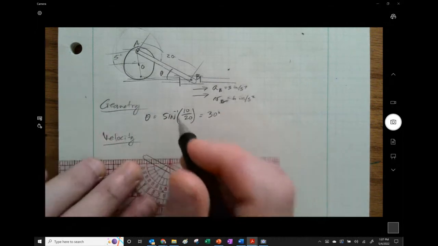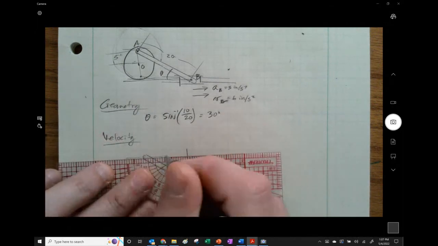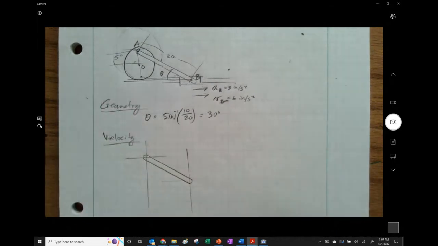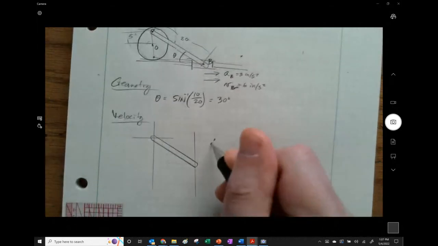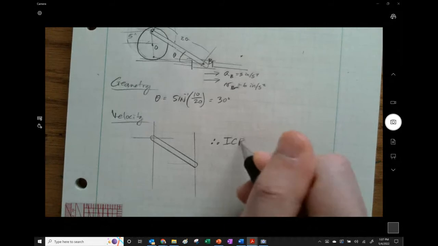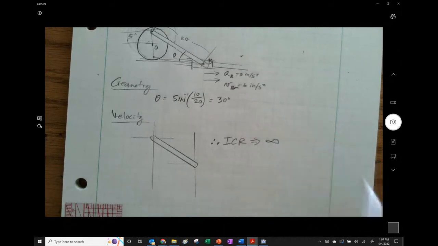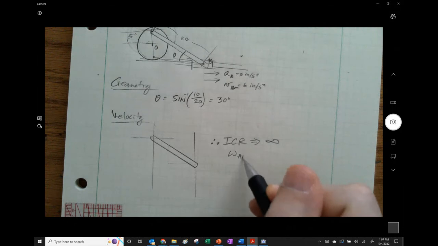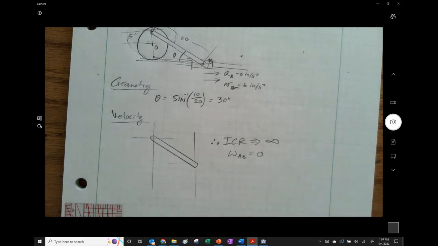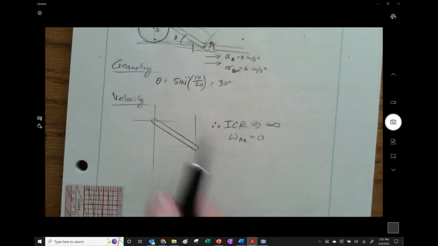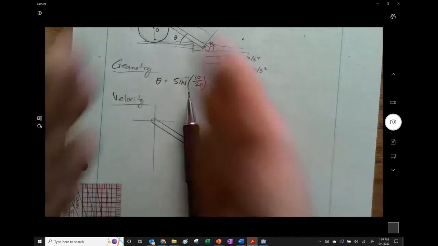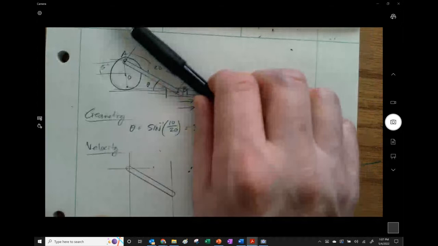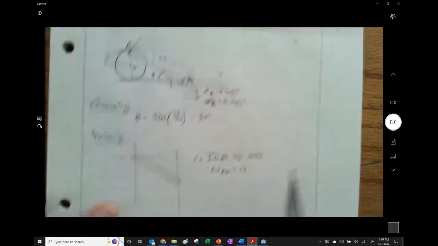Well, on the wheel, the velocity needs to be in that direction, so the line for the ICR is in that direction, and therefore ICR is infinite, and omega AB is 0, right? Because these are parallel lines that could never have an ICR. So this thing at this instant is in pure translation.